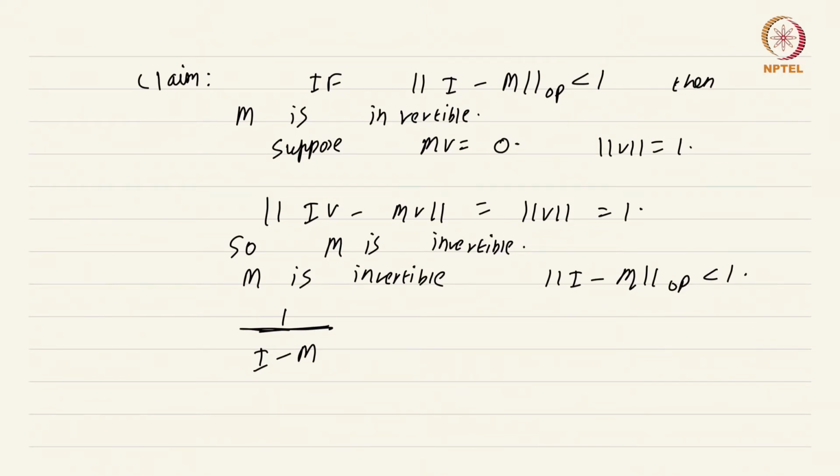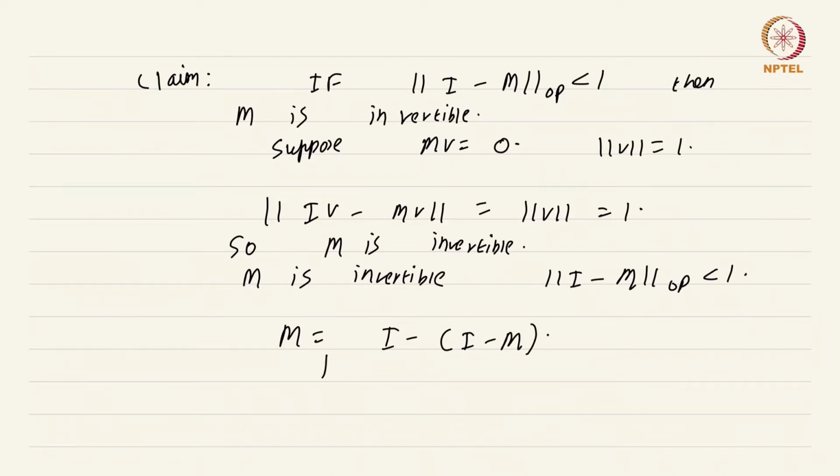What I'm going to claim is, M is actually I minus (I minus M), and I want to invert this.